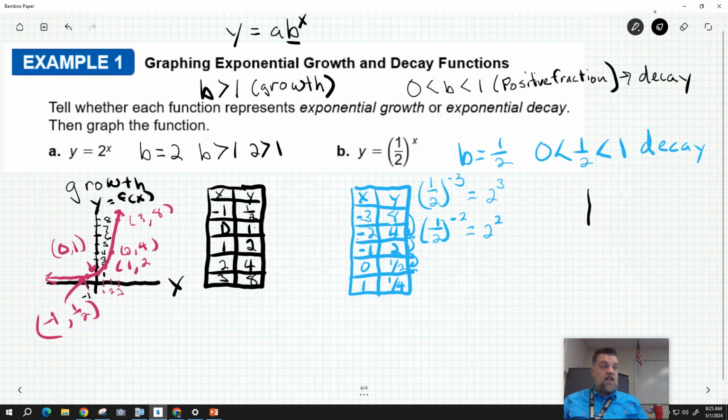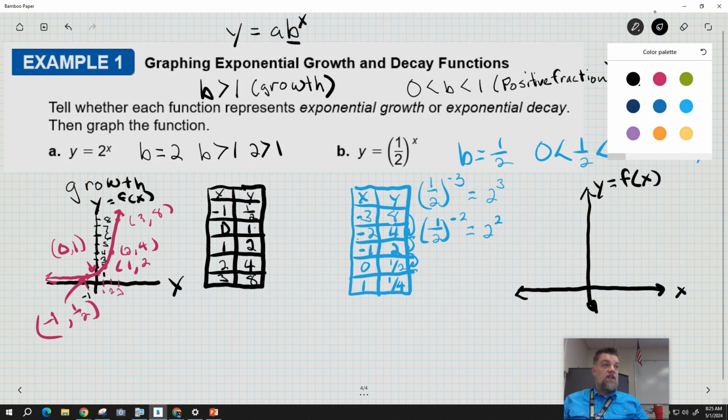Okay. So now to graph this, I'm just going to come in. Basically the same thing. I'm going to make my y-axis. Then I'm going to make my x-axis. This is y, but remember, y is really the same as f of x. So I'm going to plot the first point. The first point is going to be negative 3.